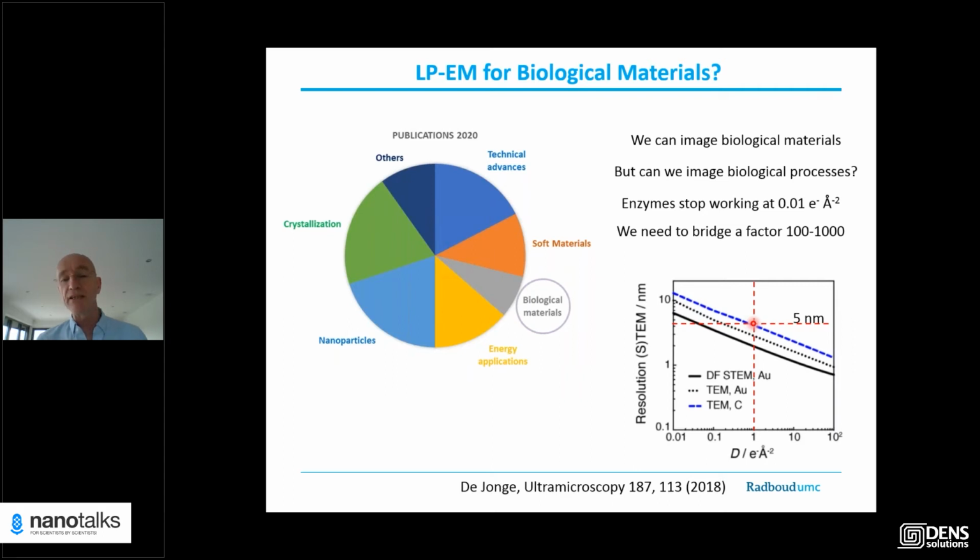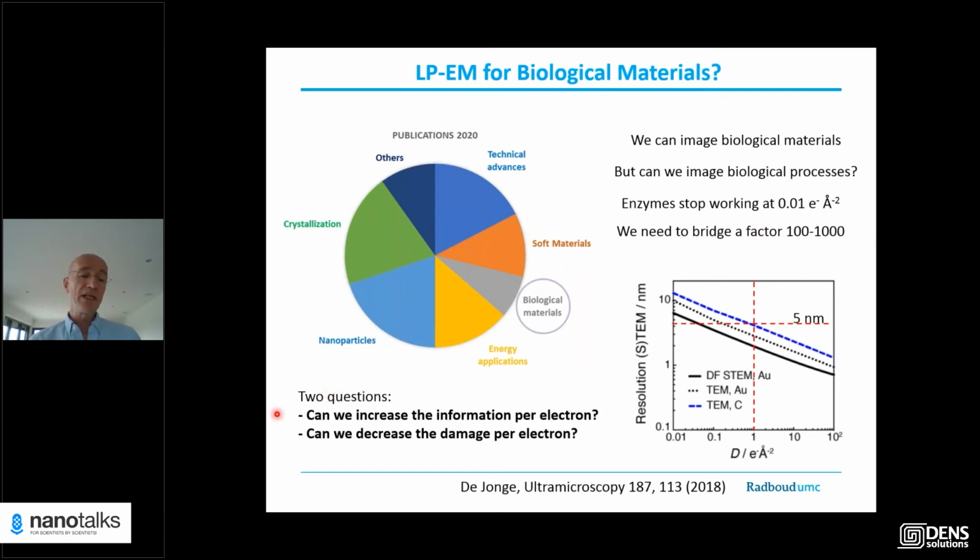Now, if we take that into account, we may be able to reduce the dose that we need a little bit, but we also need more subsequent images. So we're looking to bridge a gap of about 100 to 1,000 times that we need to reduce the dose.